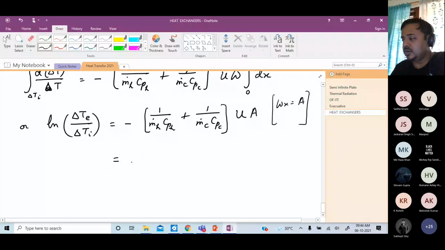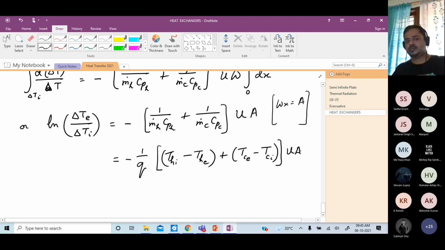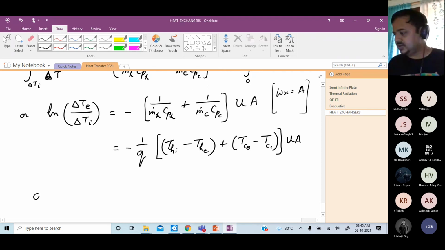So I can write 1 over m dot Cp as minus 1 over Q times Thi minus Tho plus Tce minus Tci, times UA. So now take Q to the other side.